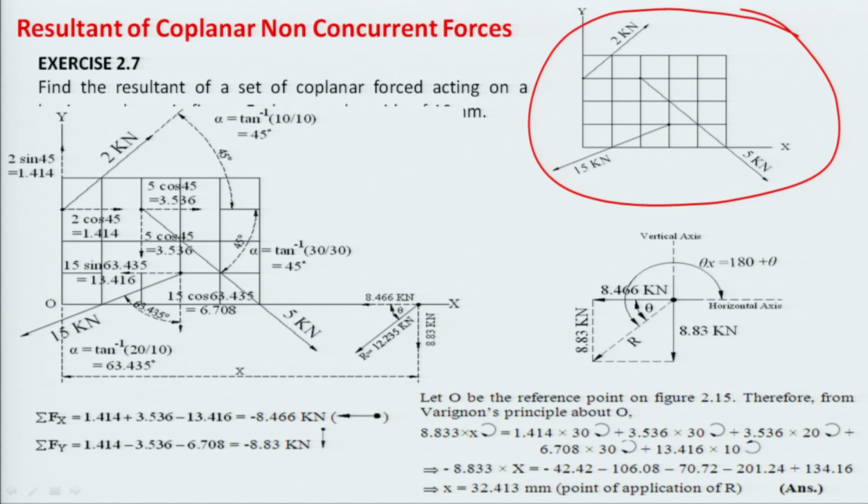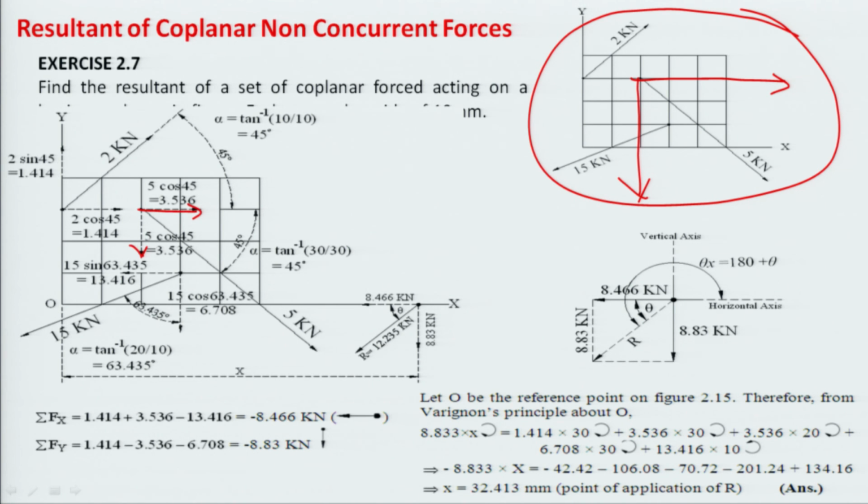So what will be the steps to find the resultant of this force system? The first step is to resolve the forces. The 5 kilonewton force will be resolved in this direction. The values are shown here.